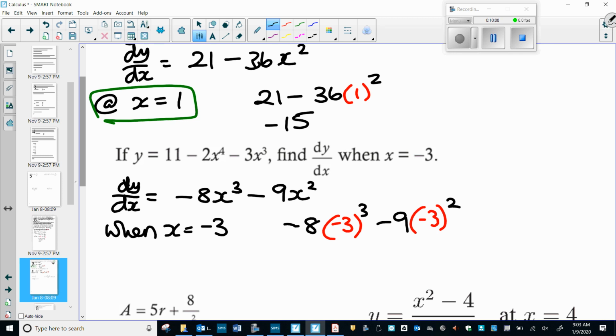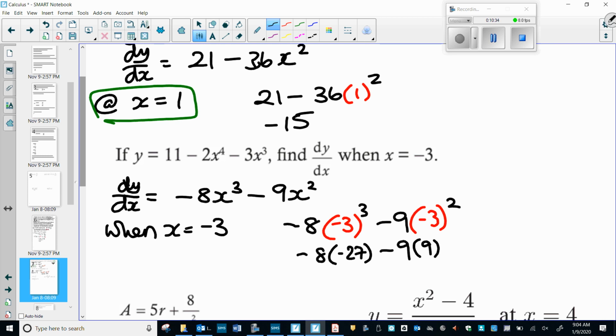Negative 3 cubed would be negative 27. So we've got negative 8 multiplied by negative 27, and negative 3 squared is positive 9. So 216 minus 81.